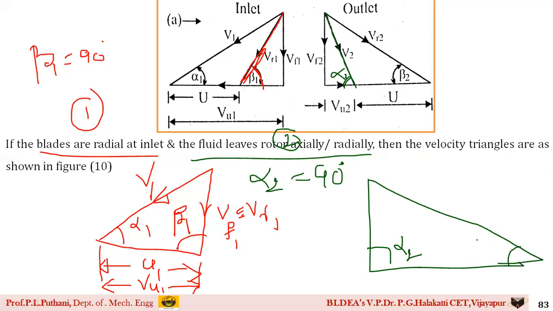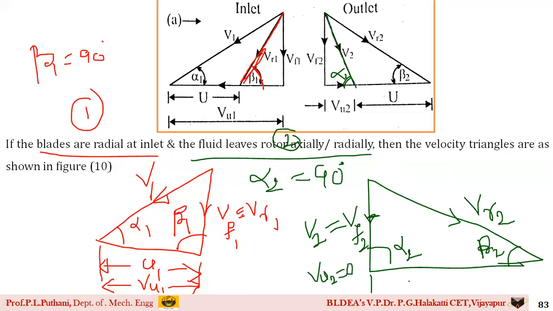Then the other value is beta 2, this is VR2. Here alpha 2 is equal to 90 degrees, which means V2 is equal to VF2. If V2 is equal to VF2, then VU2 is equal to 0. And this is nothing but the tangential speed U2 at the outlet velocity triangle. See, the combination of both.